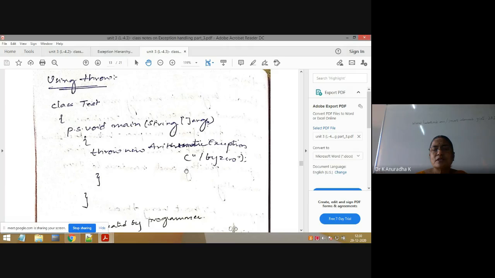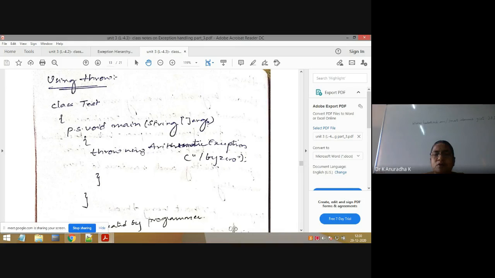In the previous program, the main method is creating the object and handing it over to the JVM. But here, when you use throw, the exception object is created by the programmer using the throw keyword, and the programmer is handing this object over to the JVM. That's it. After throw, we should write only an exception class object. You know how we create an object using the new operator?